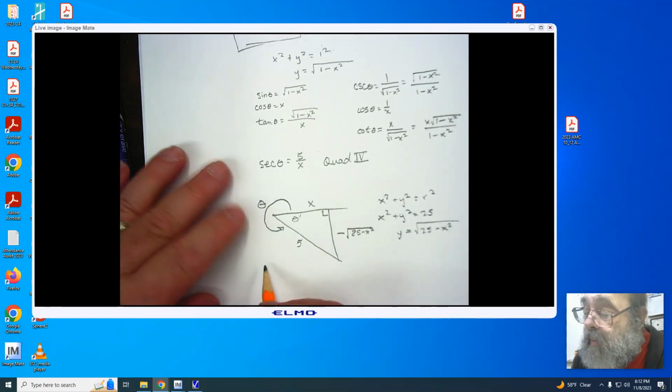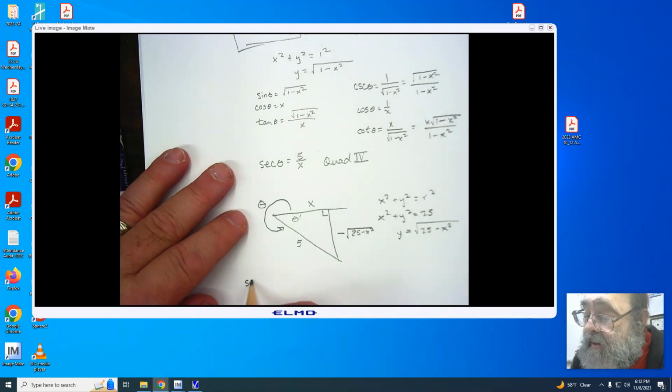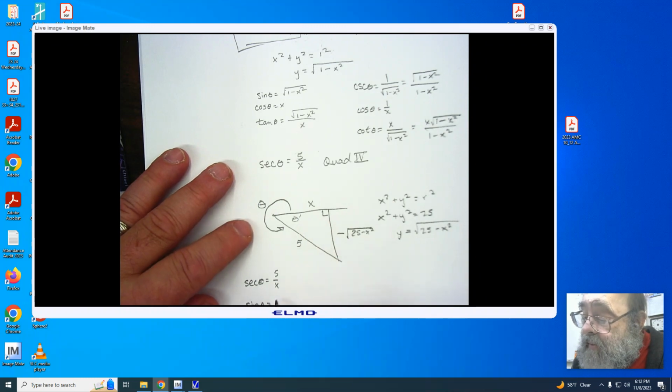Starting with the first one, we have the secant of theta is 5 divided by x. So I'm now going to find my sine of theta, once again in the fourth quadrant, is negative square root of 25 minus x squared over my hypotenuse 5.